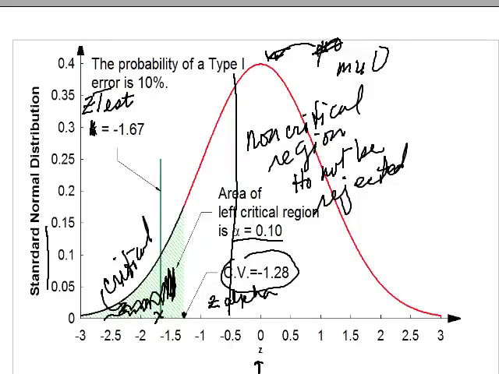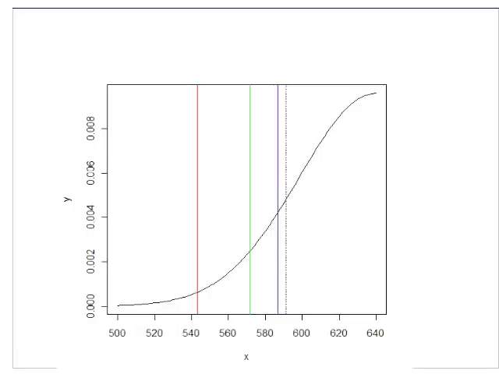Okay. Let's look now at a left tail test and the sort of thing that you're going to be getting from R. This is the output you will probably be getting from R. This is a normal distribution.